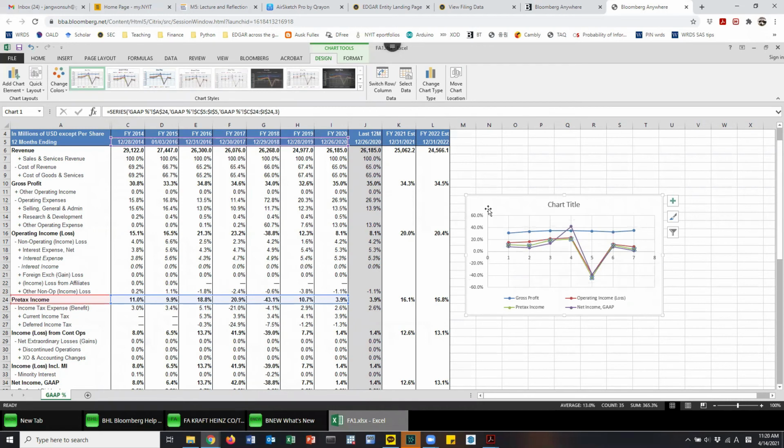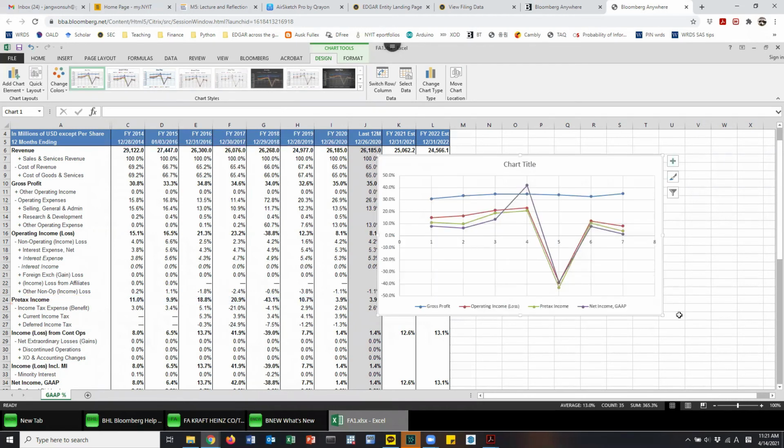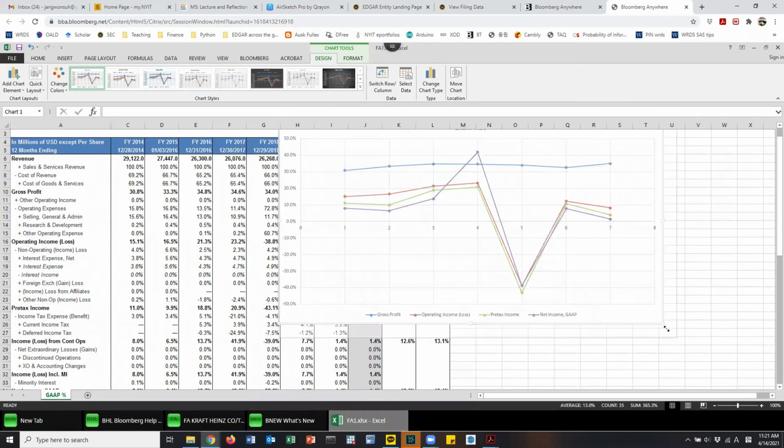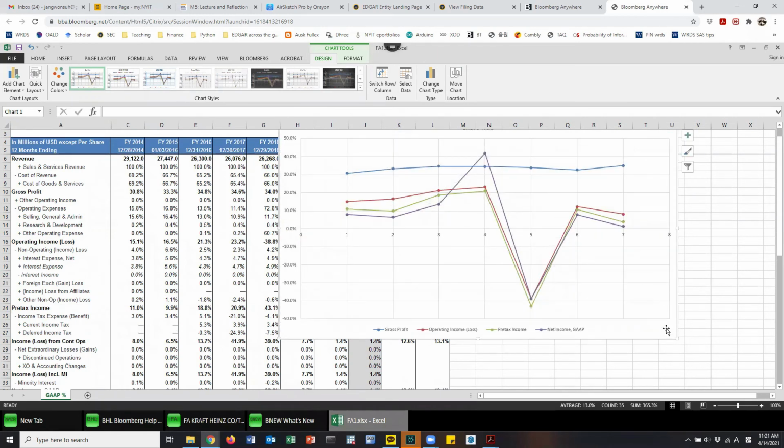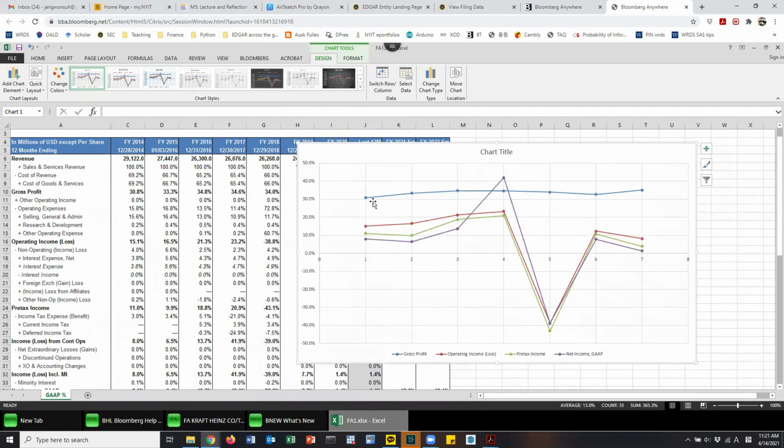Okay, what do you see here? Again, from 2014 to 2020. Wow. Together with the net income, which is the purple, right? Well, one may say that net income is the bottom line, meaning the most important, right?